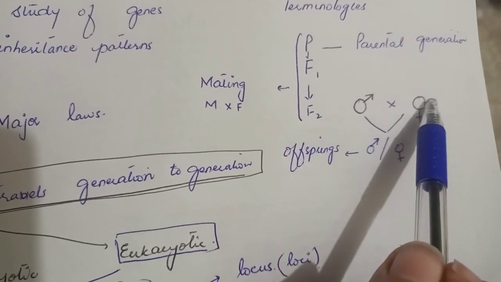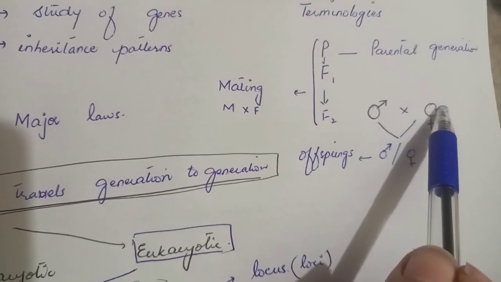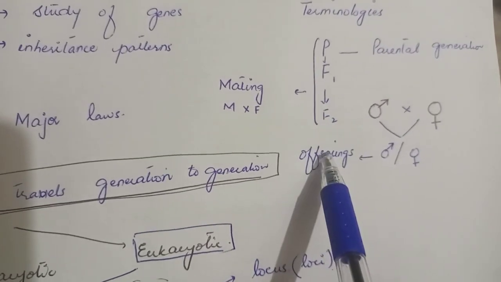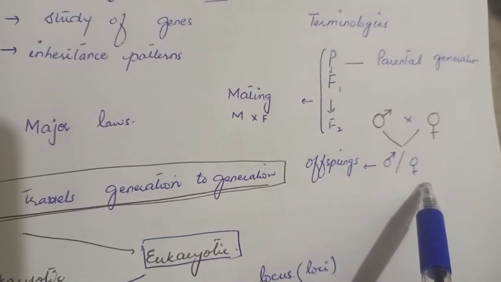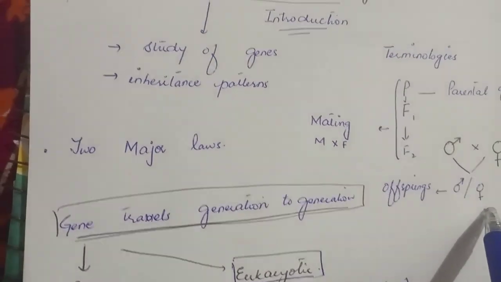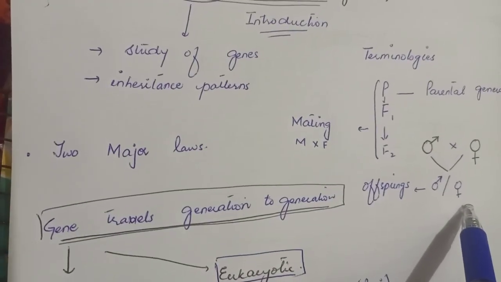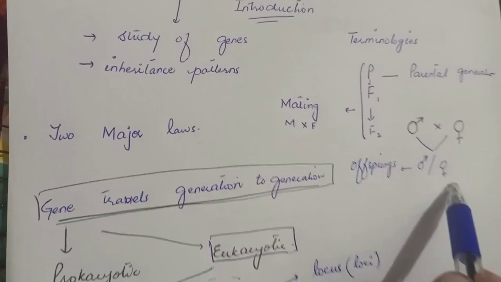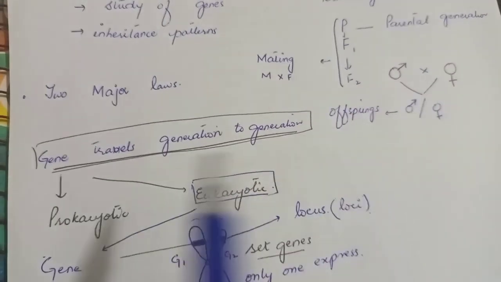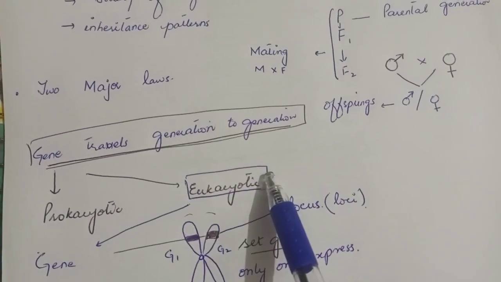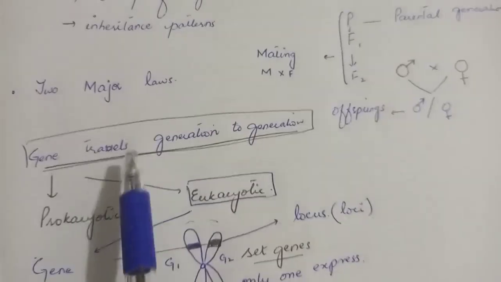When male and female mate with each other, they produce offspring, and the offspring may be male or female. There are two major laws which the patterns of genetics follow, but they will be discussed after some time. But first we look at the major things about genetics.